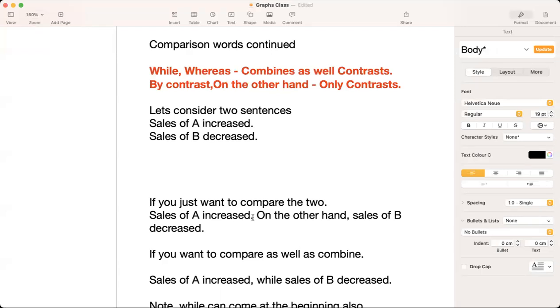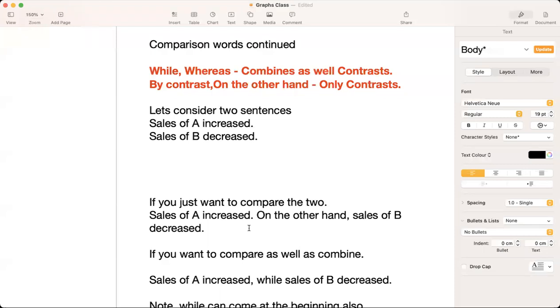The sentences are not being joined. On the other hand, sales of B decreased. So that's when we use on the other hand or by contrast. We are making the comparison, but we are not joining the sentences. So it's a new sentence. So you'll write the first thing, sales of A increased. On the other hand or by, full stop, you'll end that sentence. Then you'll start a new sentence. And here you're going to make a comparison with the previous one.